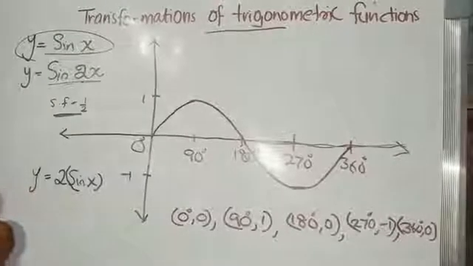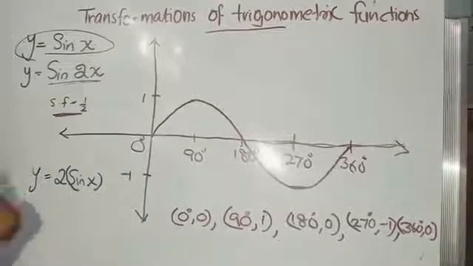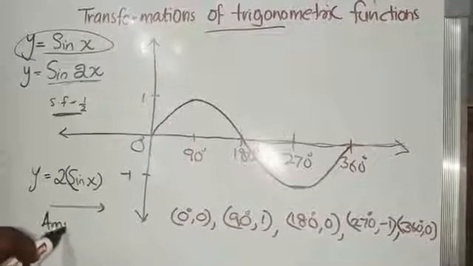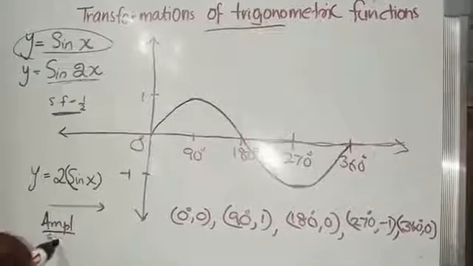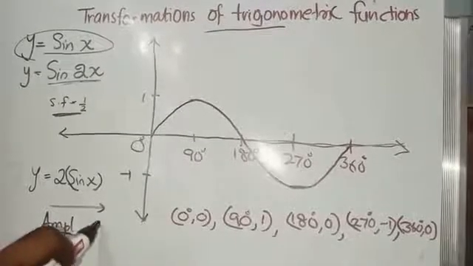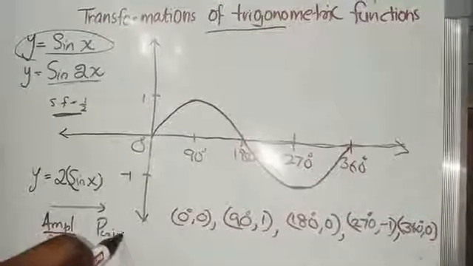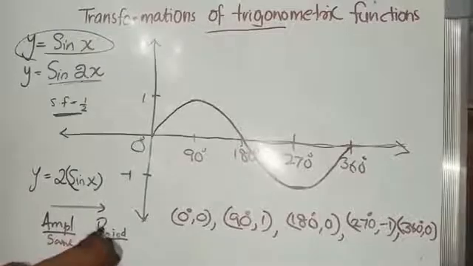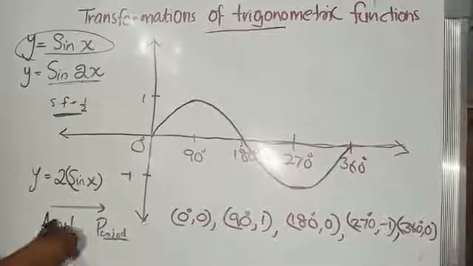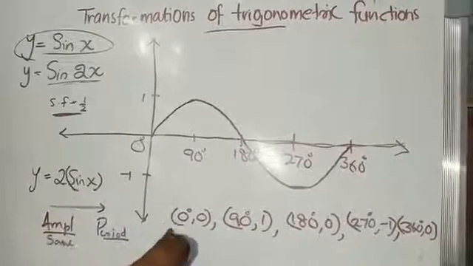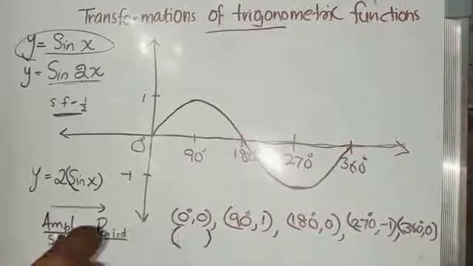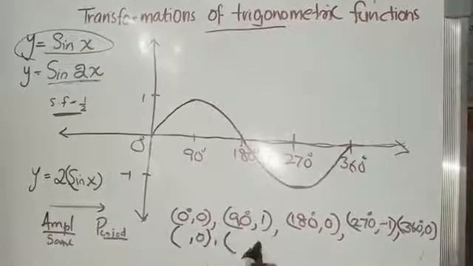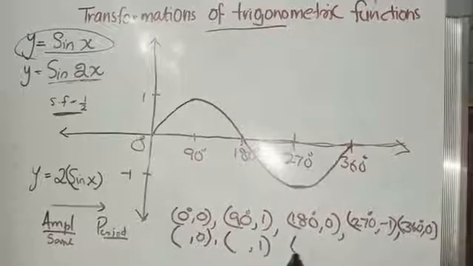But in horizontal stretch, amplitude remains the same. What changes? Period changes. So in horizontal stretch, period changes but amplitude remains the same. So when you are seeing these ordered pairs, amplitude remains the same. That means it remains 0, it remains 1, here it remains 0.